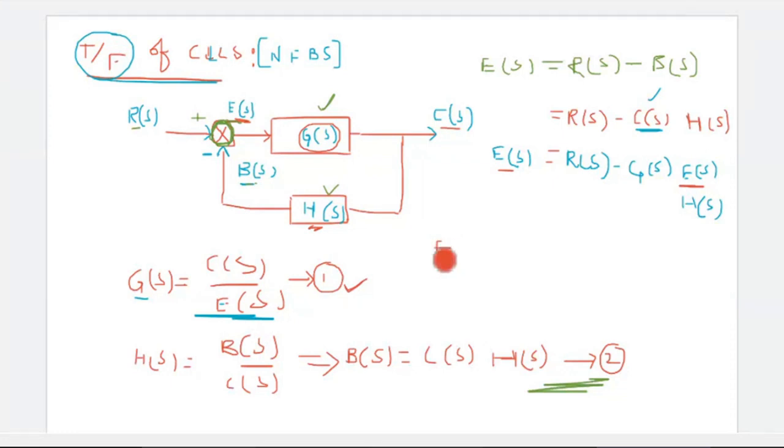By taking E of S as the common, what is the resultant? 1 plus G of S into H of S, that is equal to R of S.